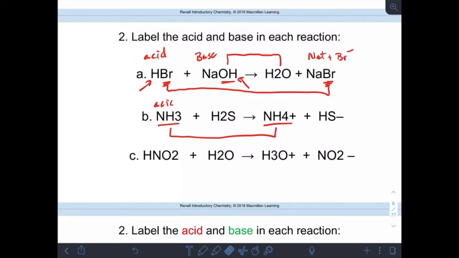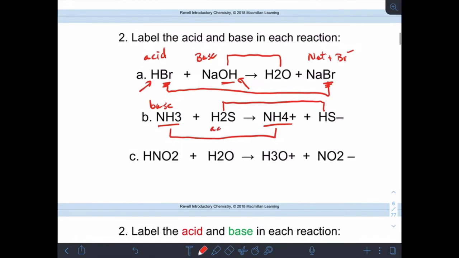Whoops, sorry, that's backwards. That makes it my base. My bad. The proton acceptor is the base. Okay, and then let's find this guy on the other side, and it's gone from H2S to a single HS-. So it's given up a proton. It has one fewer proton than it did before, so that makes it the acid.